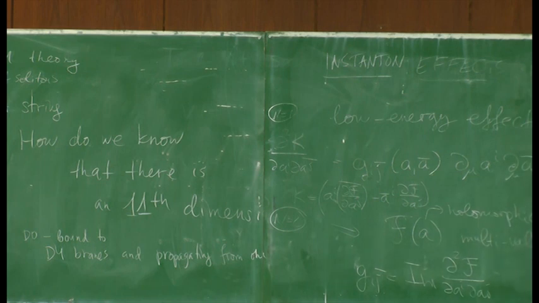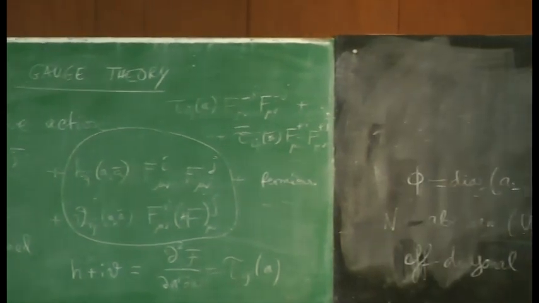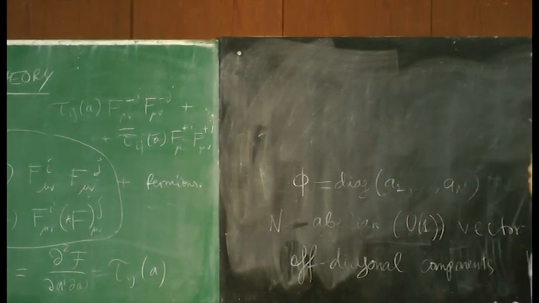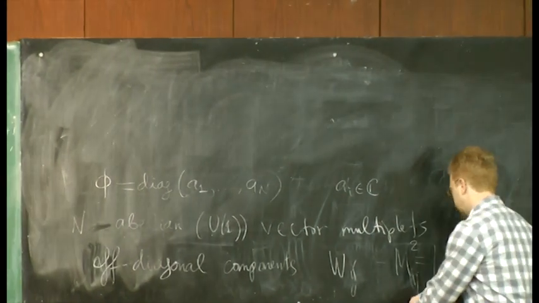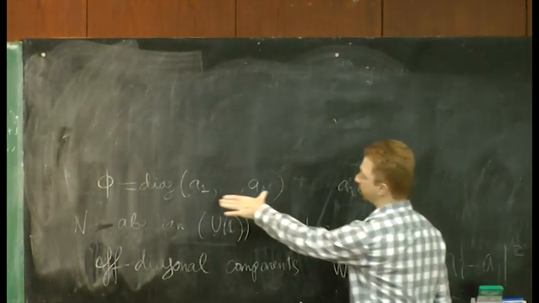So we need to compute this function f. This function is called the prepotential. The first computation you can do is the perturbative computation: just, as I said, expand the Lagrangian around this vacuum.